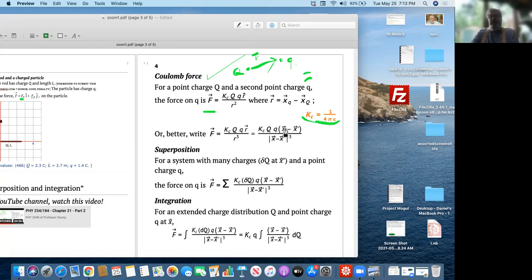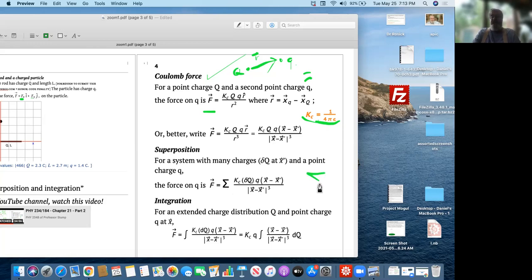So that's this Coulomb force, k delta q q, x minus x prime over |x minus x prime| cubed, where delta q is one of the charges, x prime is the position of that charge, and I have to sum over all the charges.